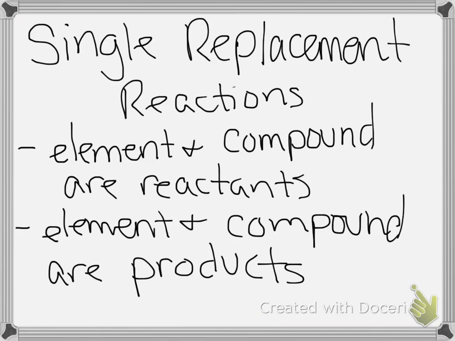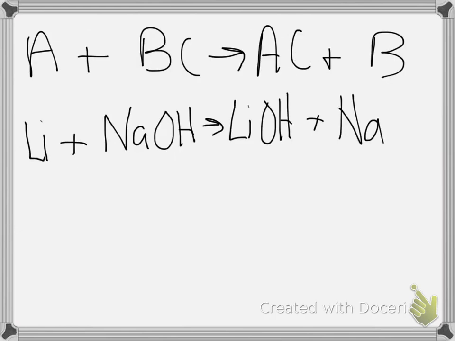Single replacement reactions are formed between a single element and a compound, which are the reactants. The products are a new element by itself and a new compound formed. Our general formula is A plus BC forms AC plus B. Basically, the metal that's in the compound switches places with the element that's by itself. An example would be lithium plus sodium hydroxide forms lithium hydroxide and sodium.